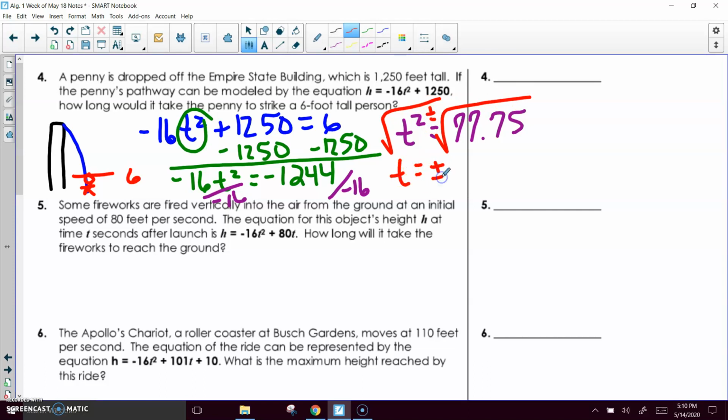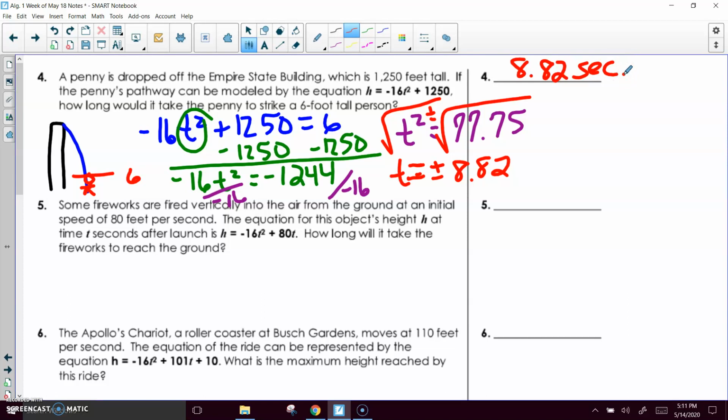We type 77.75 in our calculator, find the square root of it, and we get an approximate answer, rounded to the nearest hundredth, of 8.82. I don't want the negative one, I just want the positive one. So at 8.82 seconds, it'll strike a person who is 6 feet tall.